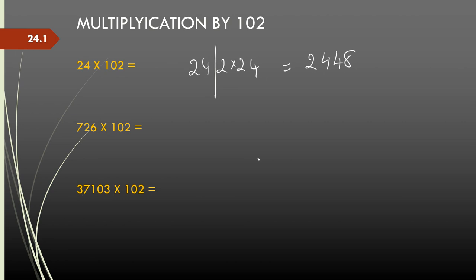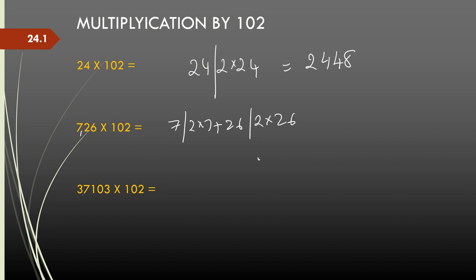If I am multiplying a bigger number, I divide the number into groups of 2. Here in this case it will be from the right side 26 and then 7, and I start with the part 7 as the left part. Then the next part is twice of 7 plus 26, and then the last part will be twice of 26.